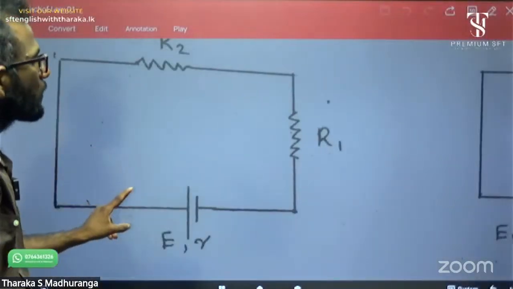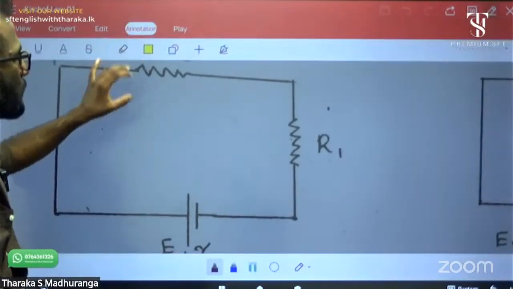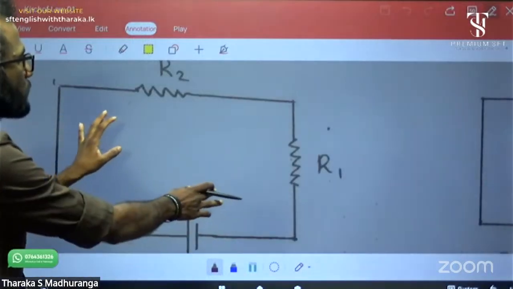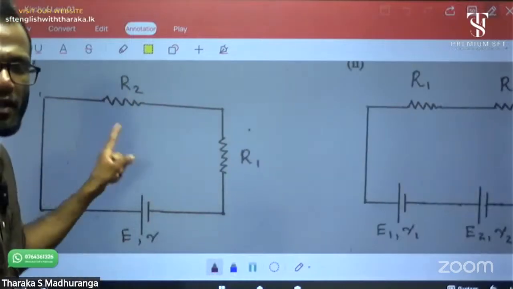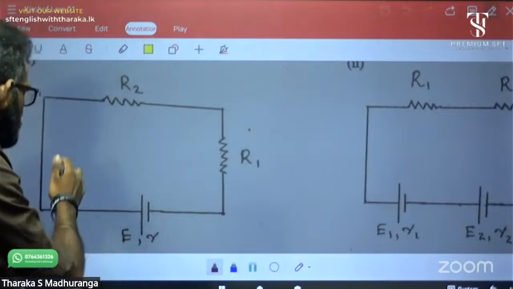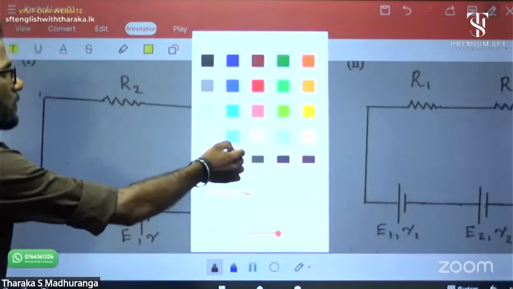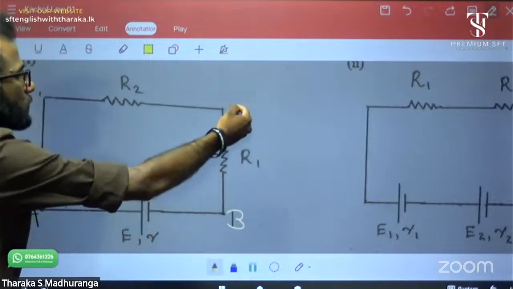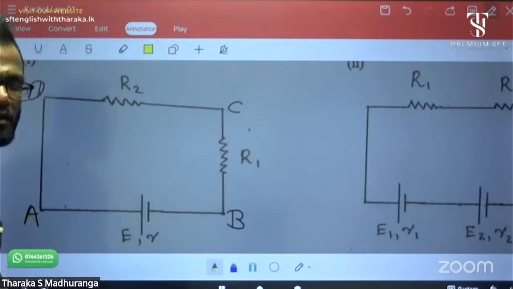Okay, what is my first step? I have to label this circuit: A, B, C, D. This is my label.